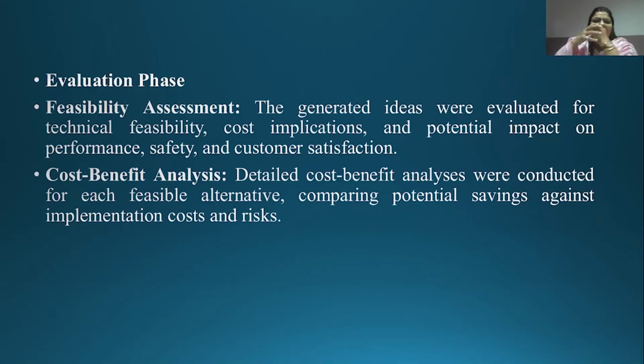The feasibility assessment: here, the company says whether the product is feasible or not. The generated ideas were evaluated for technical feasibility, cost implications, and potential impact on performance, safety, and customer satisfaction.